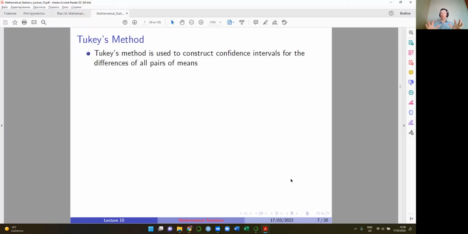Therefore, we want to jointly establish these confidence intervals such that all of them simultaneously have 95% confidence level. So the confidence intervals must simultaneously have a set coverage probability, like 95 and 99%.